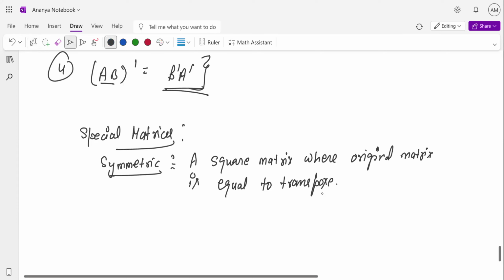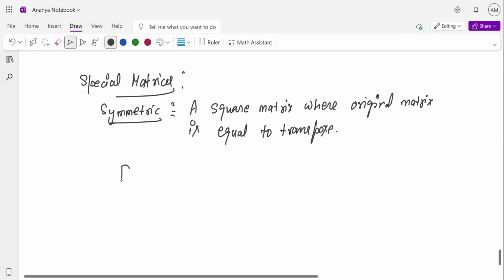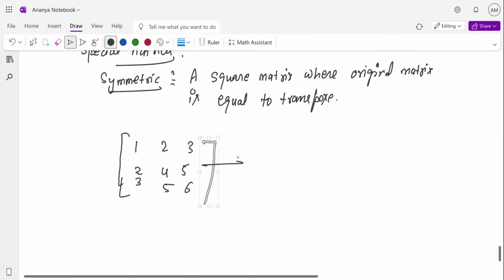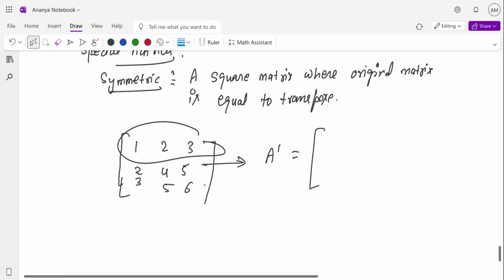Understood? Yes, sir. Let's say I take this as an example: 1, 2, 3, 2, 4, 5, 3, 5, 6, right? If I do the transpose of it, what am I going to get? Again the same thing. Reverse it: 1, 2, 3. Reverse it: 2, 4, 5.